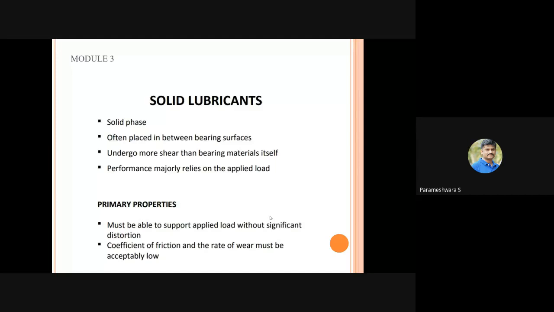It's a value, normally given by the ratio of applied force to the weight of the body. That is the coefficient of friction. In case of solid lubricants, this value must be very low. If that value goes up, definitely it offers more friction and in turn more resistance and more wear loss.